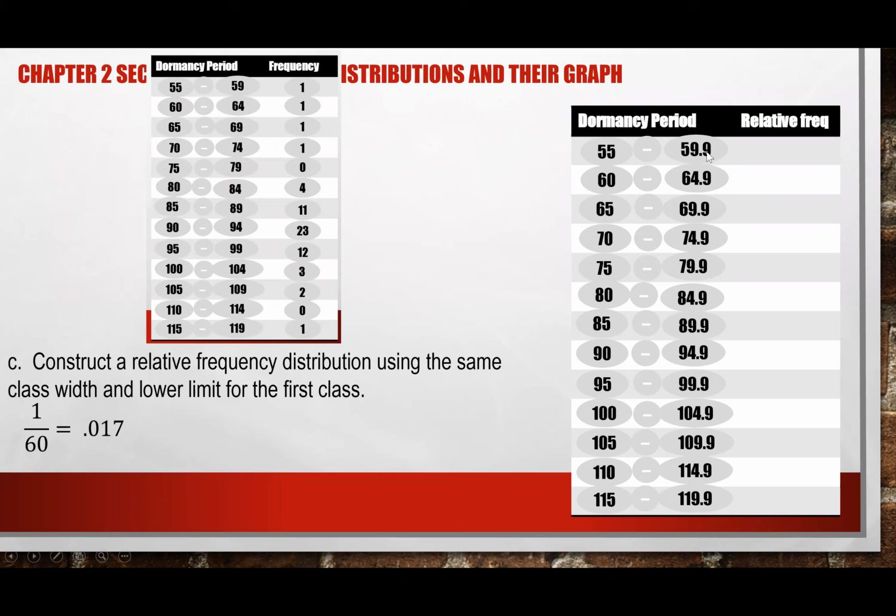Forget the 0.9 right here, ladies and gentlemen. I did not edit this. It's just 55 to 59. Disregard the 9 here. I made a mistake last time and then forgot to edit. But again, your relative frequency is just that: you take 1 divided by 60.